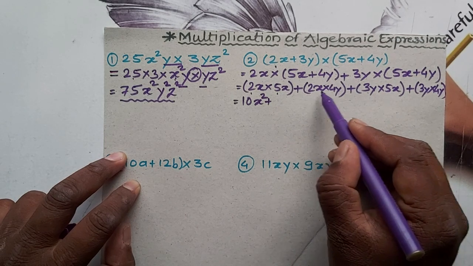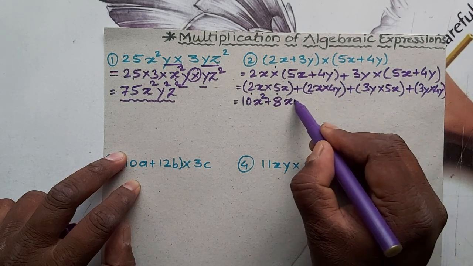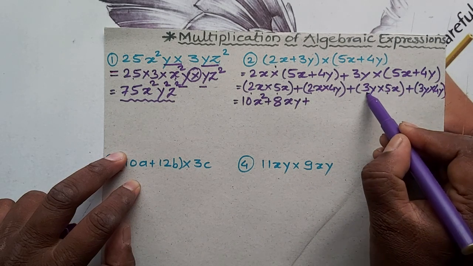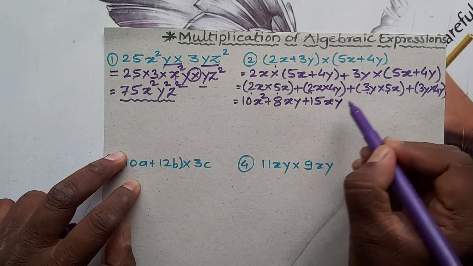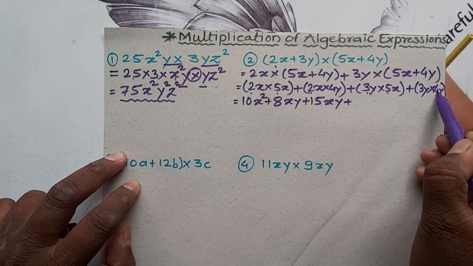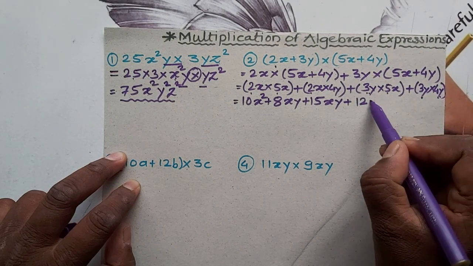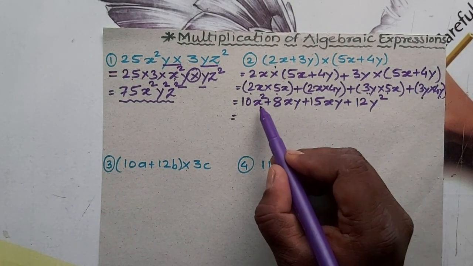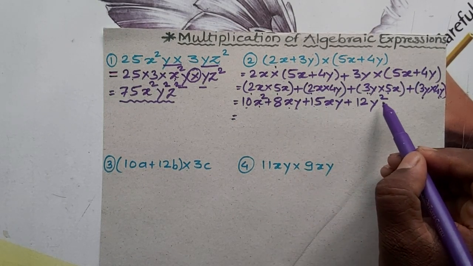Plus 2x multiplied by 4y, so 4 2s are 8, x and y, so xy, plus 3y multiplied by 5x, 5 3s are 15, and yx, or you can write xy, plus 3 4s are 12, and y multiplied by y, that is y square.